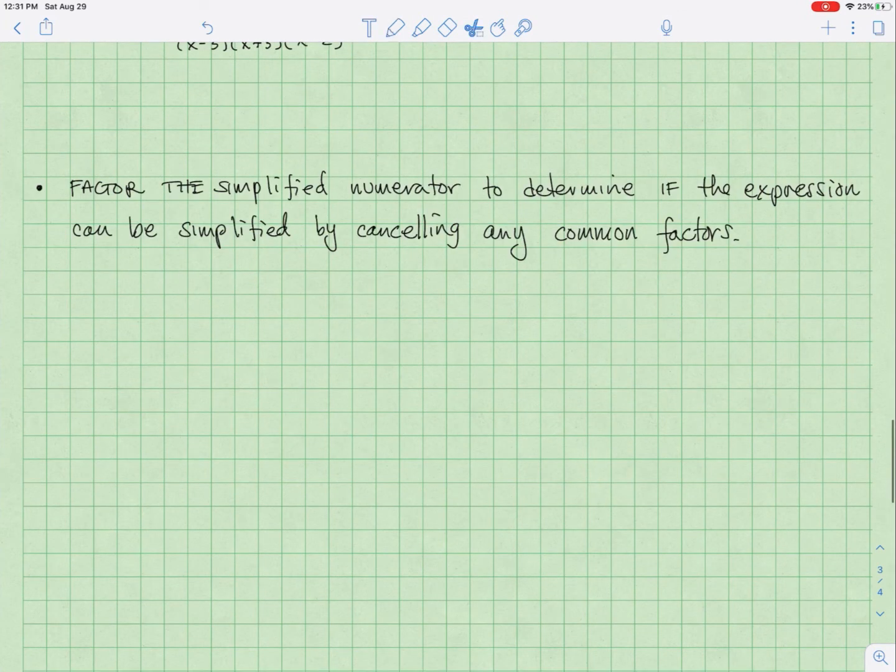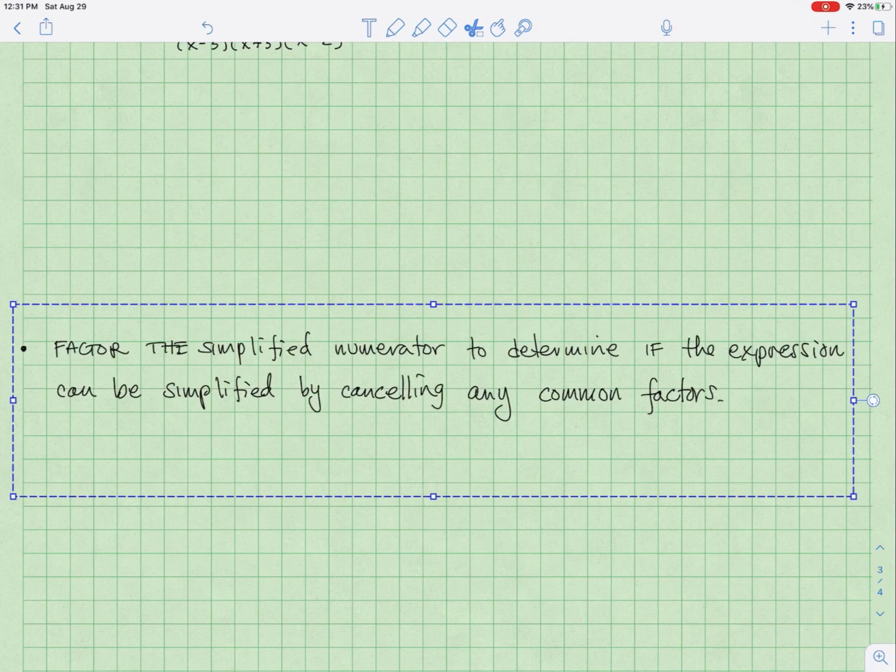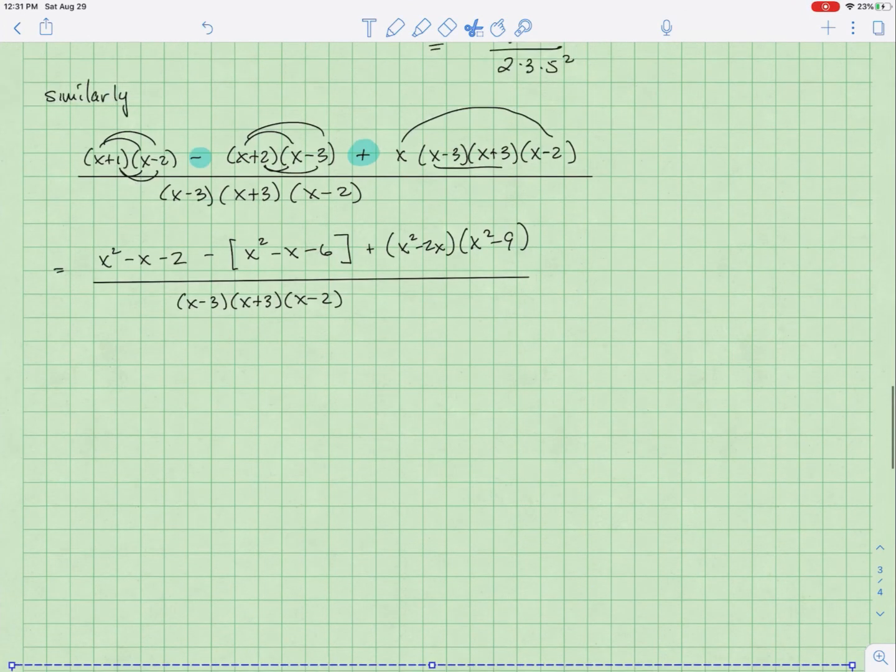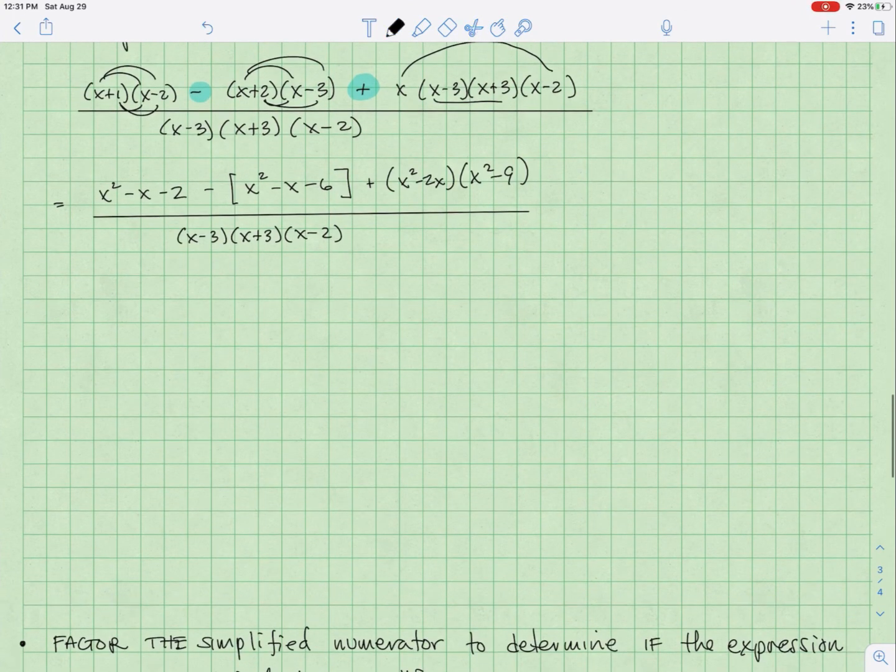Let me move this next direction set down a little bit, make some room. Okay. Now let's keep simplifying. This is x squared minus x minus 2. I'll distribute this negative sign. Negative x squared plus x plus 6. And now I've got to do some foiling here.